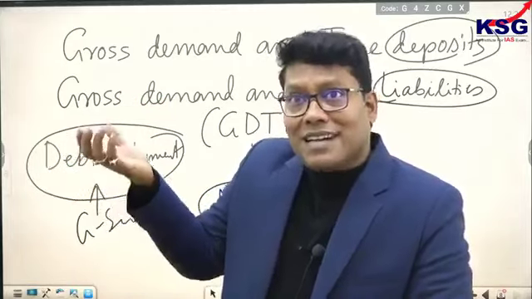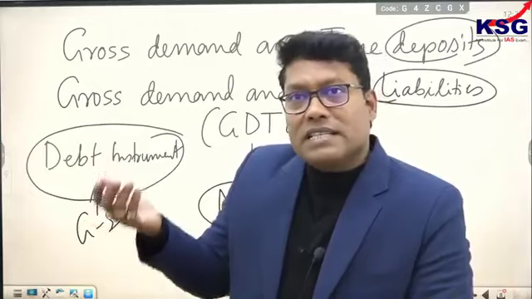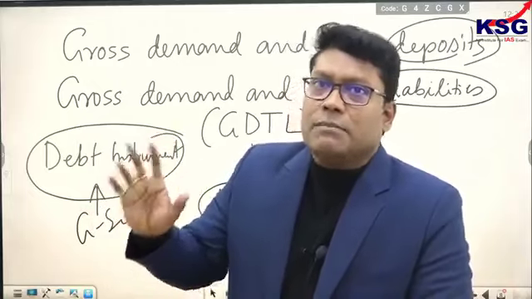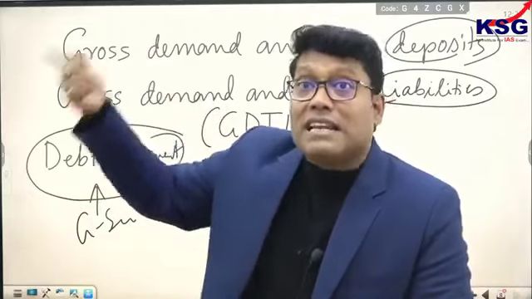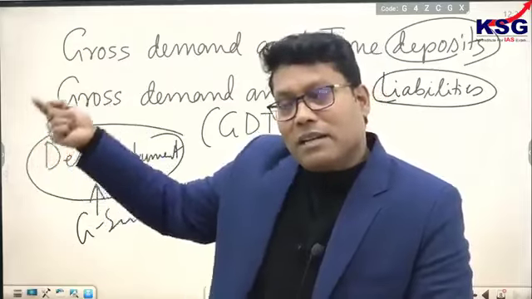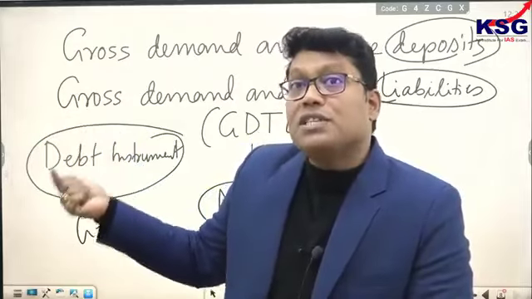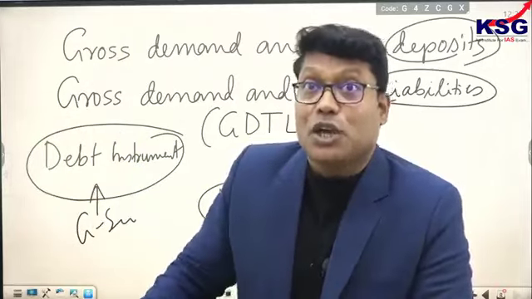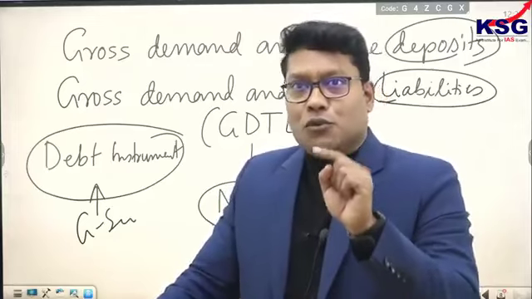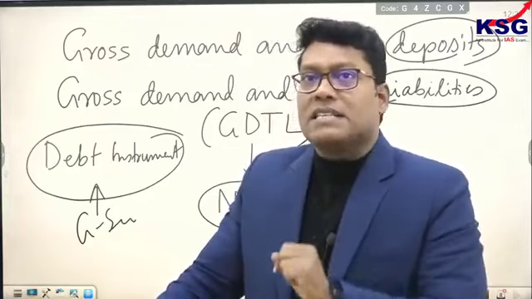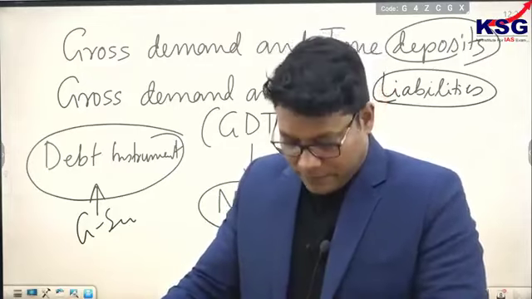So they have the right to do that. Fiat money means by the order of the government, but not a direct order. Parliament's act, the RBI Act 1934, gave the right to the RBI, and now it acts according to that. So as far as the Indian economy is concerned, RBI is the competent authority.